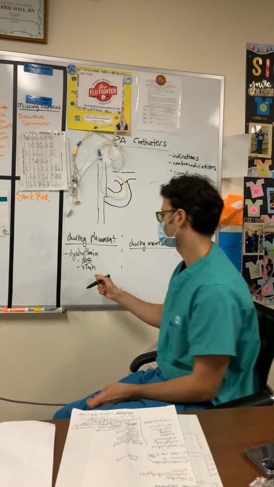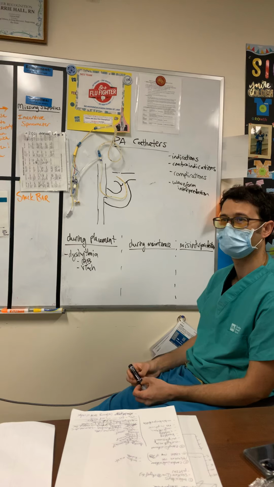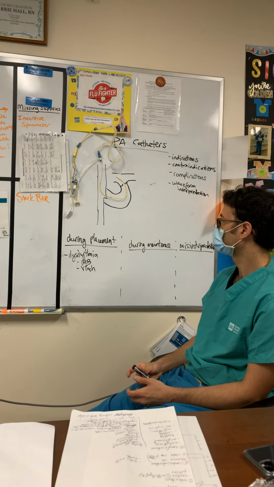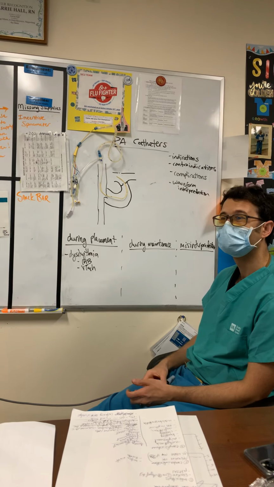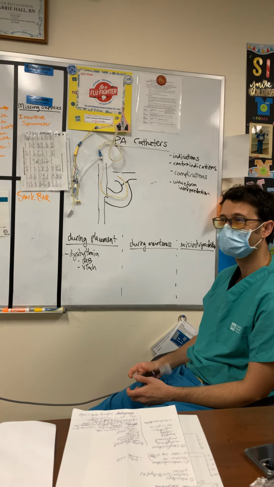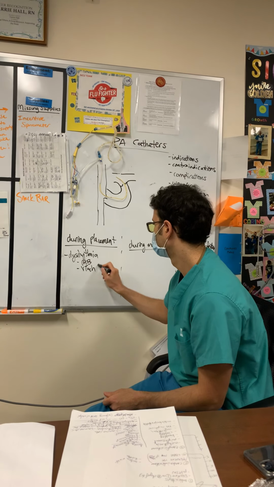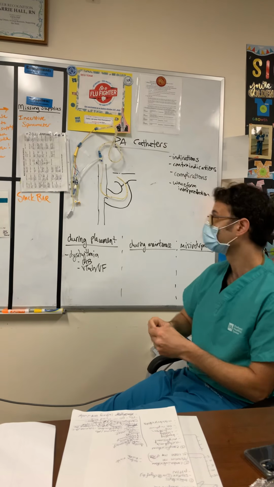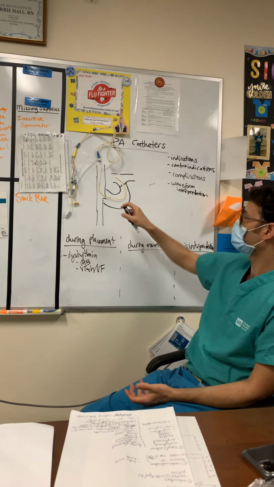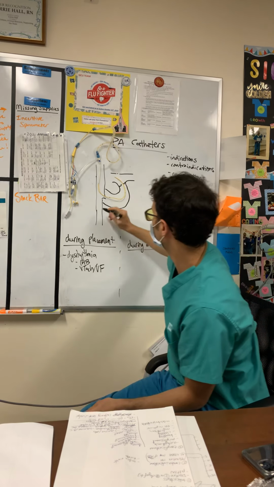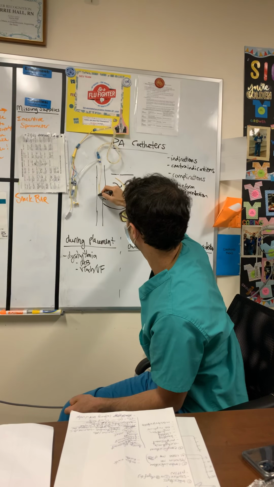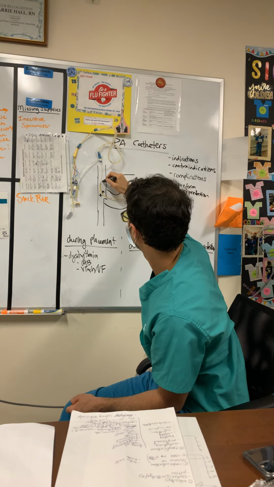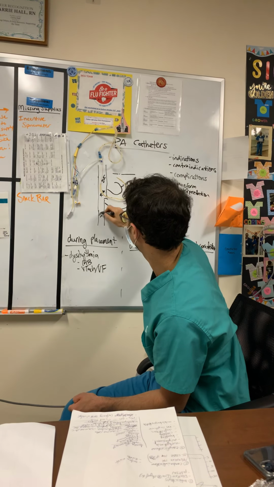Why do you think these patients can go into VTAC during the PA catheter placement? Probably just irritating the ventricle as you're poking through the heart. Yeah, exactly. I didn't label these structures, but this is your right atrium, SVC, IVC.